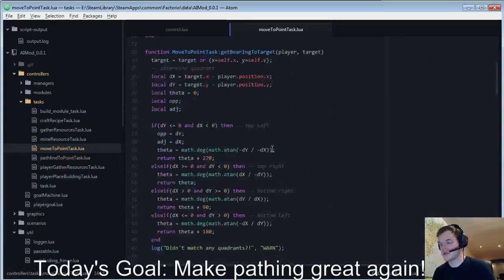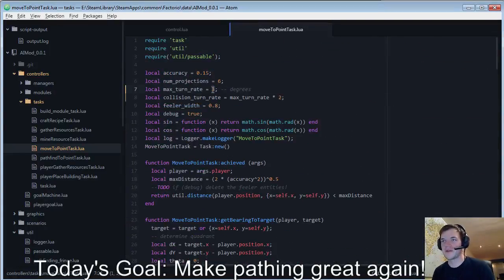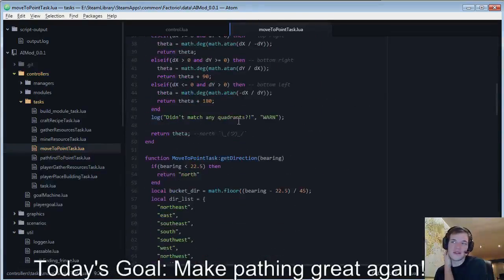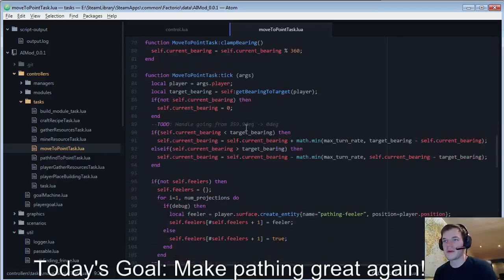Alright. So there's two things that I want to fix here. First of all, I'm going to give him a little bit more turn rate. 3 degrees is probably a little small. The second thing I want to fix is this situation here. So right now I have, if the current bearing is less than the target bearing, then I just add my turn rate, and if my seek, this is my seek vector, and if the current bearing is greater than, then I subtract the seek vector.